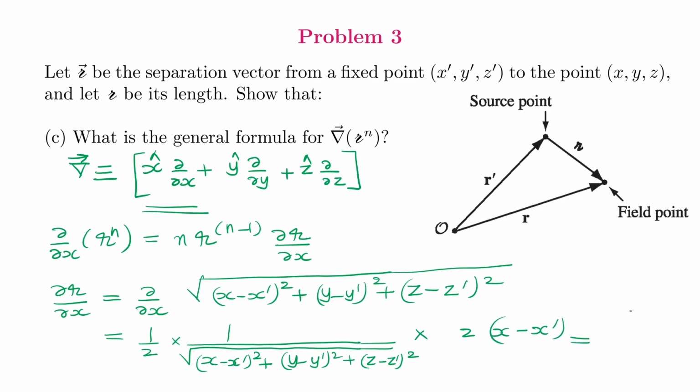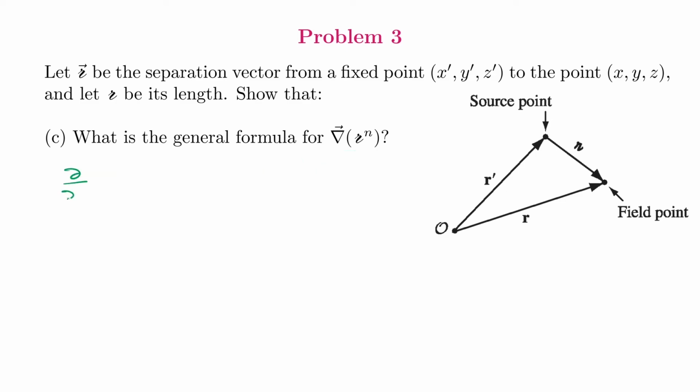This is equal to (x minus x') divided by script r, and therefore del by del x of r power n is equal to n r^(n minus 1) times (x minus x') divided by r.